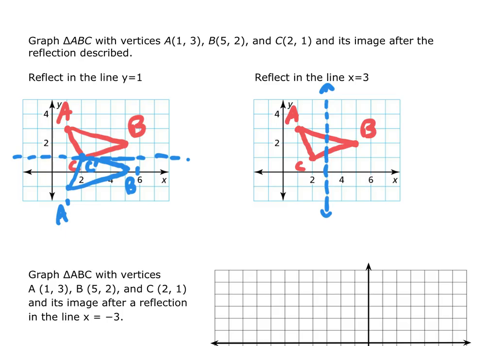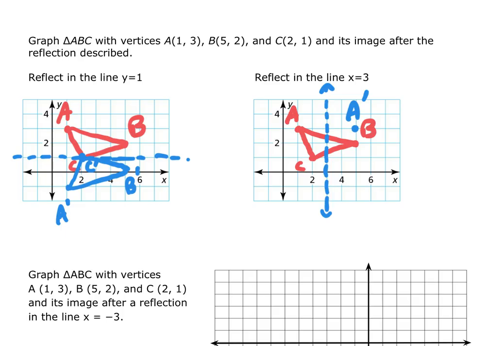So all of them have to be reflected. So if we just go in order ABC, let's do A first. Where is A in relationship to that line? How far away? It's 2 to the left, right? So we got to move 2 to the right. That would be A prime.